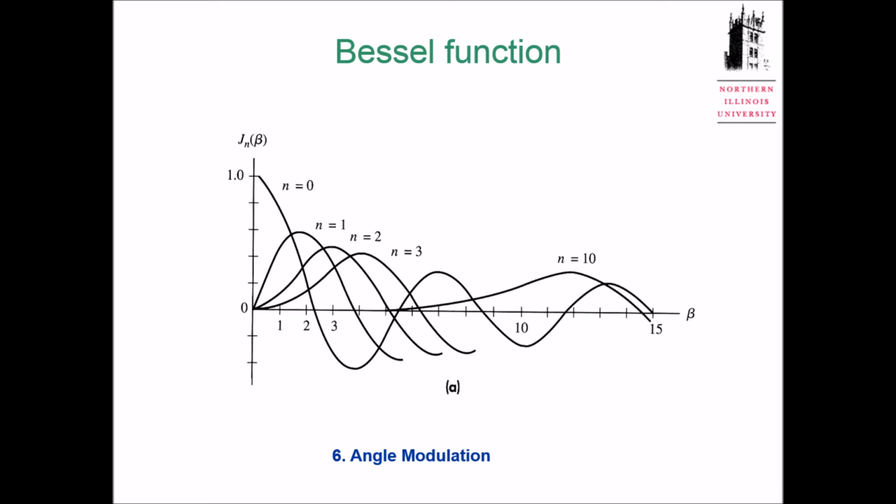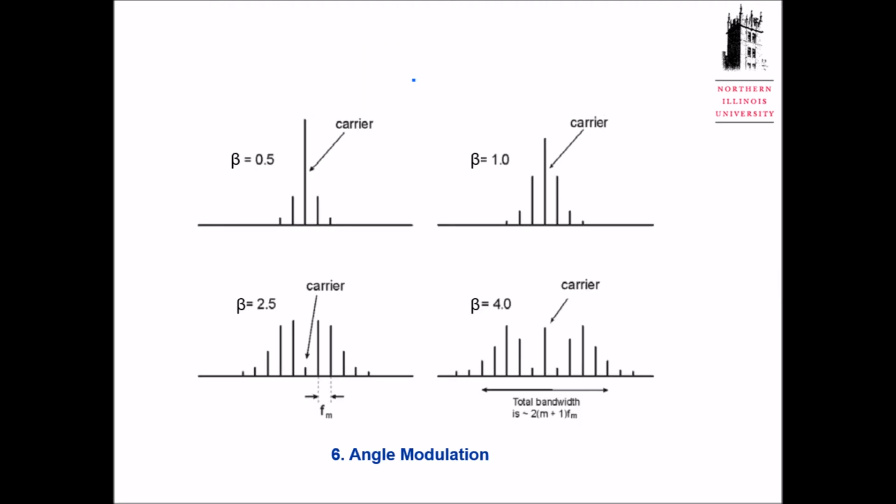Around beta equal 2.4, there's no power on my carrier. Look at the curve. It's going to be bigger and bigger because J0 and beta squared become bigger again, then smaller, and reach 0 one more time. So your carrier will be smaller, bigger, smaller, bigger, smaller, bigger. According to the curve, let's look at what is the real picture we have.